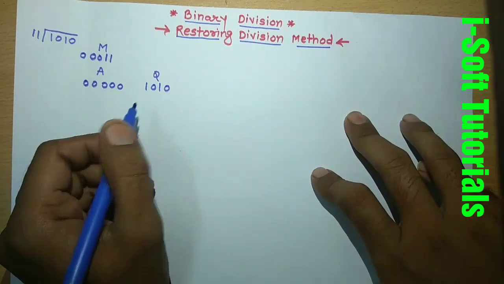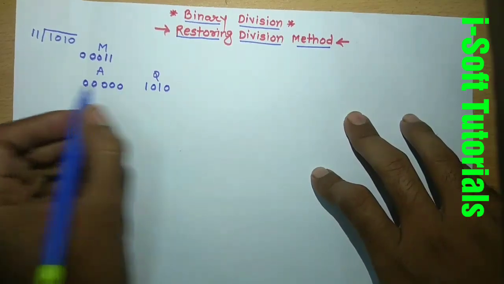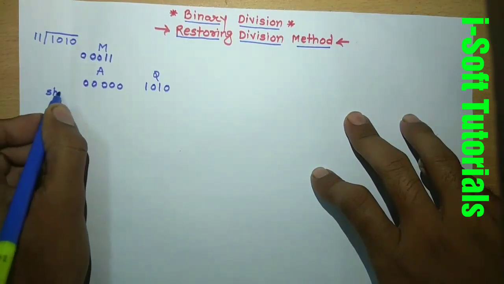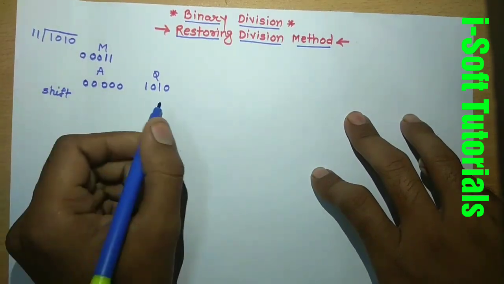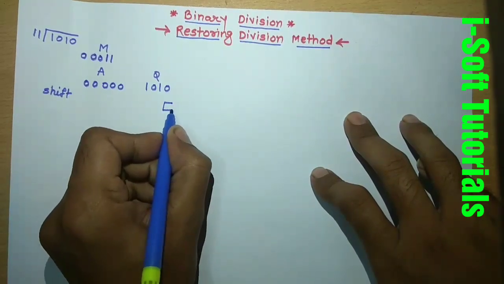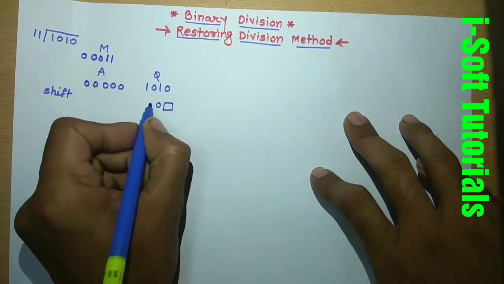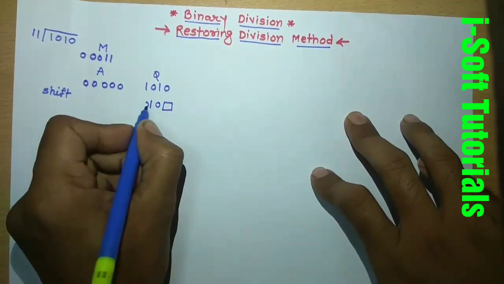What does the algorithm say? Do steps A and B n times. The first step A is to shift A and Q left by one binary bit position. So we shift from the left-hand side. This is an empty space, then 0 1 0.